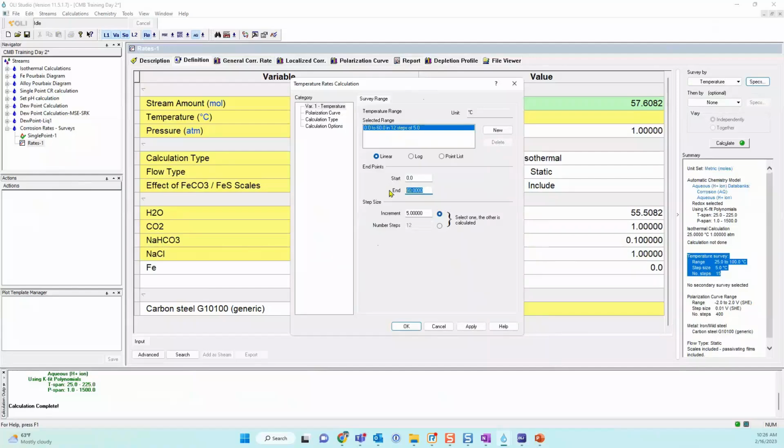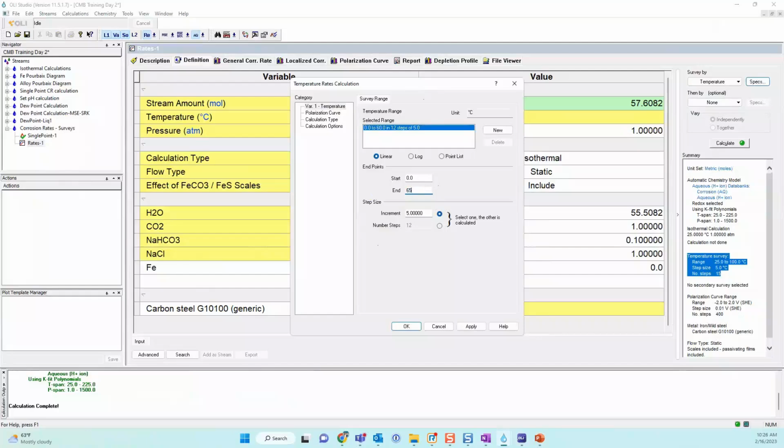Because we are operating at 1 atmosphere. We will be boiling off this solution, and at some point, everything will go to the vapor phase. There will not be an aqueous phase, and then there will not be a corrosion rate. Something to keep in mind.